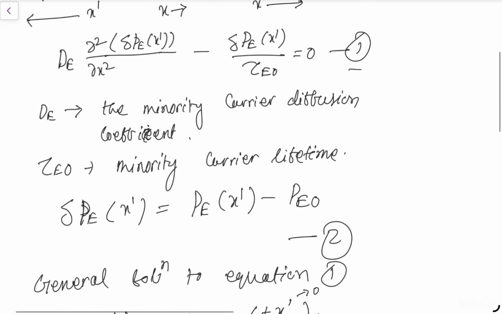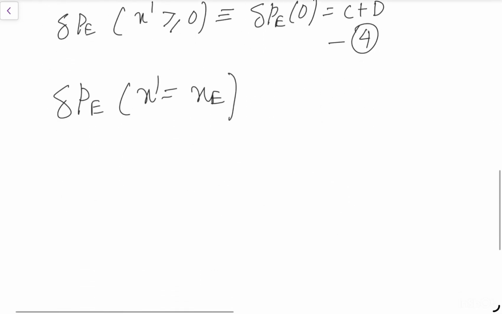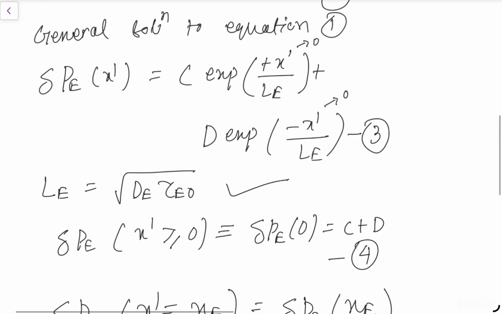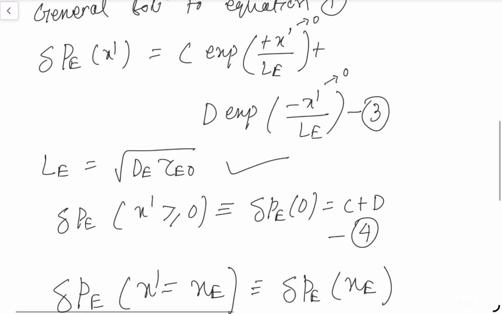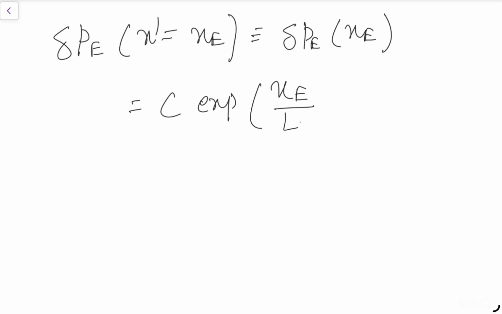So we can write that delta PE at xe is equal to, substituting x dash equal to xe in equation 3, C exponential of plus xe divided by LE plus D exponential of minus xe divided by LE.